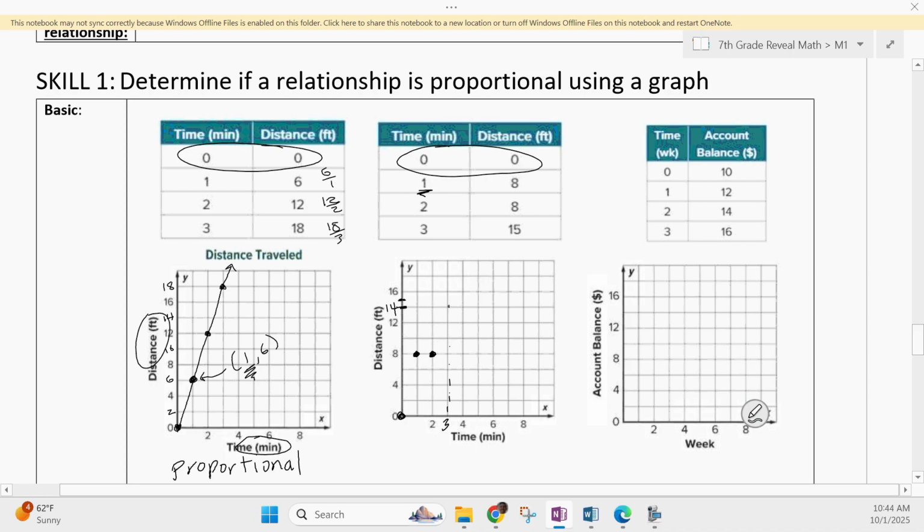I go to 16, it's too far, so it has to be right on that gray line, but right in the middle. Okay, and then I zoom, zoom, zoom, a little zigzag. So it checks off one of the key features. It goes through the origin, but it's not a straight line, so we're going to put non-proportional.